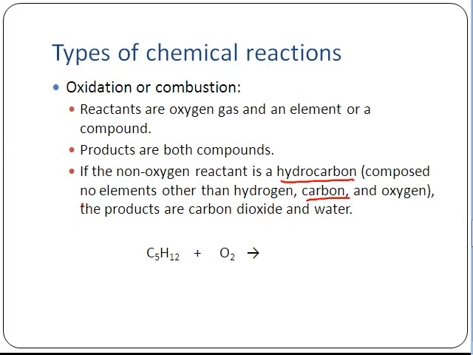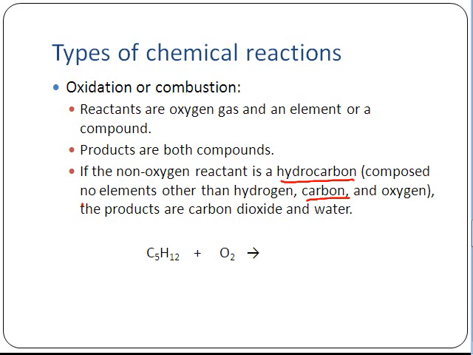They don't necessarily have to have oxygen, but they do have to have carbon, and they have to have hydrogen in them too. So if the non-oxygen reactant is a hydrocarbon, in that special case, this makes it easy for you. The products are carbon dioxide and water. Period. That's it. You have to balance the whole equation, but no balancing of the individual ones.